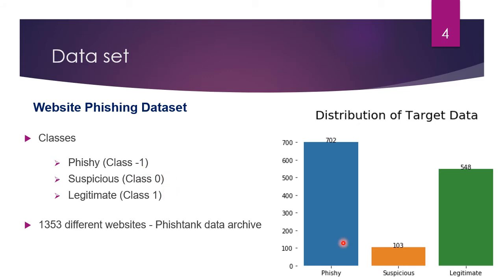As we can see here, 702 are phishy, 548 are legitimate, and only 103 of them are suspicious. So we can see that we are dealing with imbalanced data.